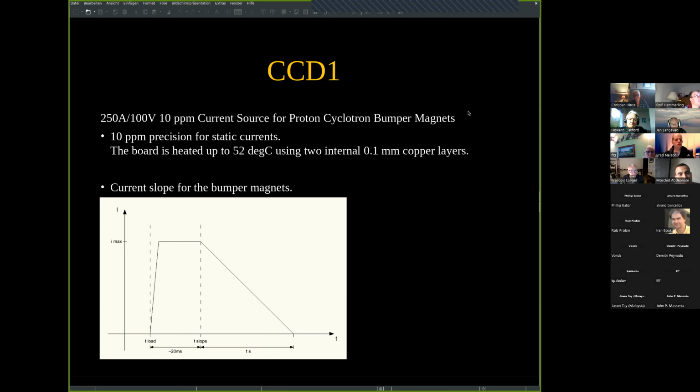What is a bumper magnet, or what are bumper magnets? Well, if you have a proton cyclotron, during the running of the protons around in circles, more and more protons would catch electrons and disappear from the stream.